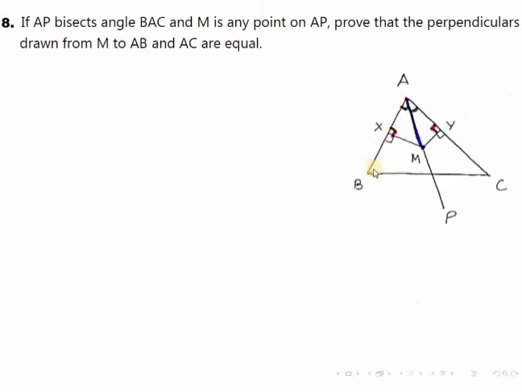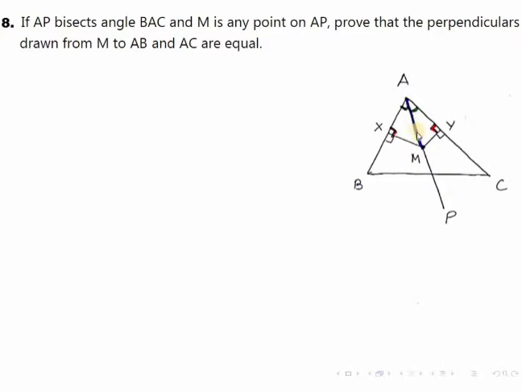So look at this, BAC is there, and AP is the bisector of this angle BAC. Bisector means this line divides BAC into two equal angles. So that's why there is this sign written. It means that this angle and this angle are equal, because AP is the bisector.